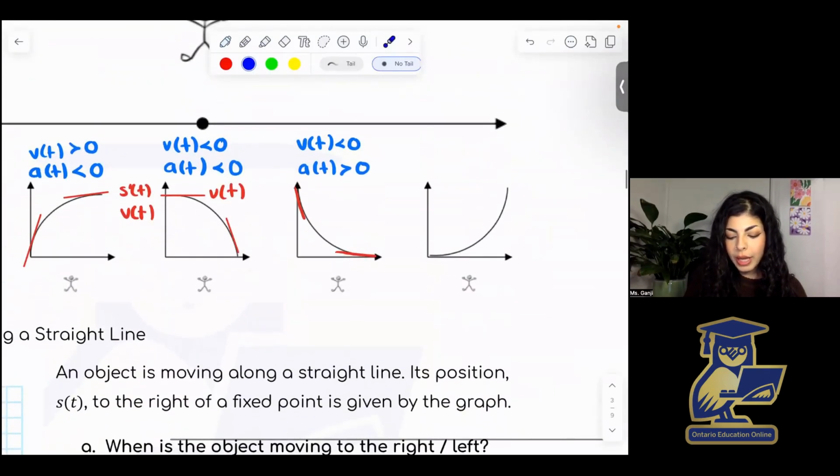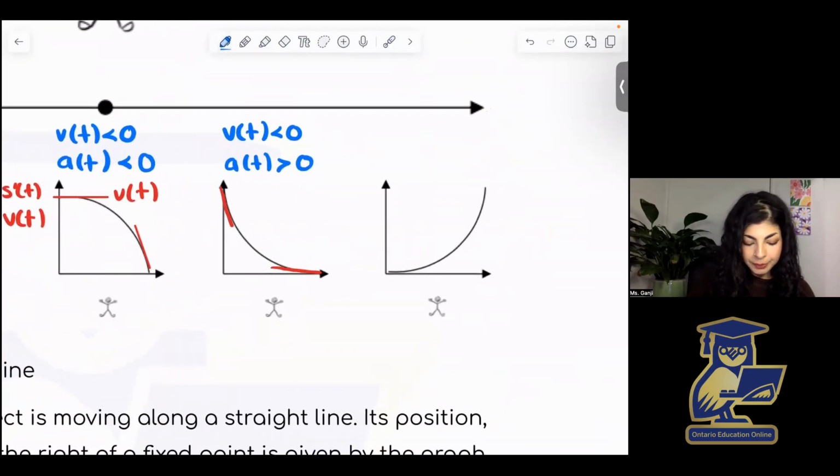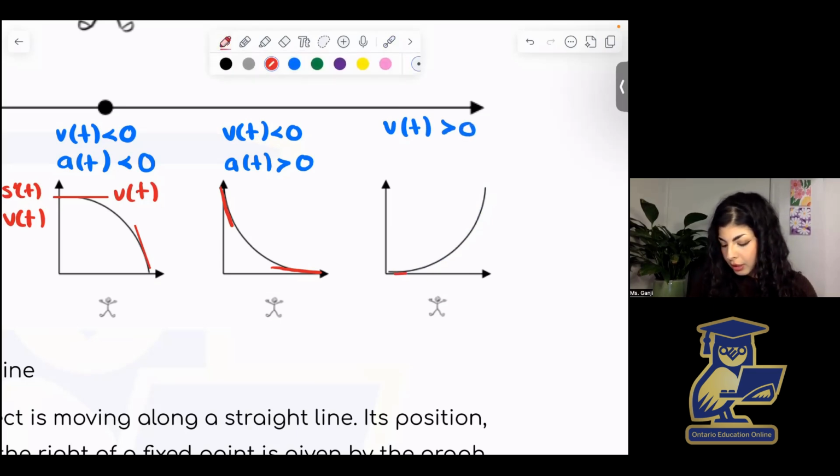and we can see that we are slowing down. And finally, in our last example here, we have that the displacement clearly we're increasing, and you can see that it is actually getting faster here. And so here we have v of t is positive. And if we draw those tangents again, we see that now they are becoming more and more positive.